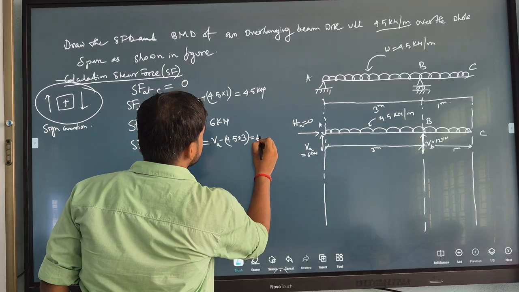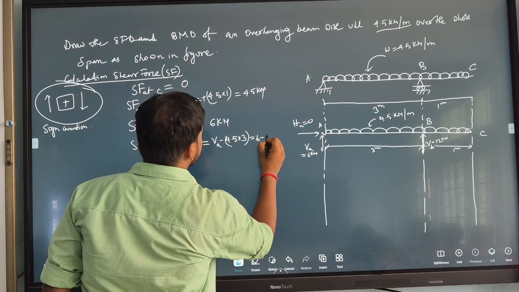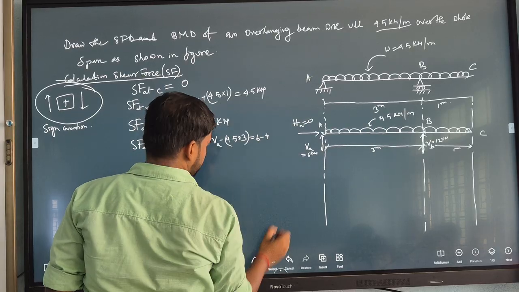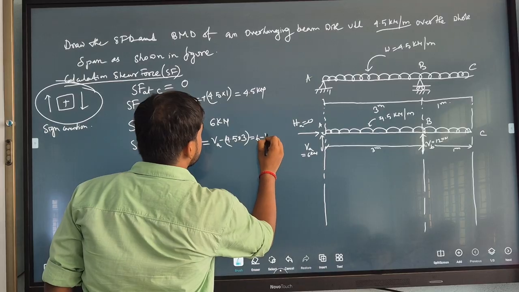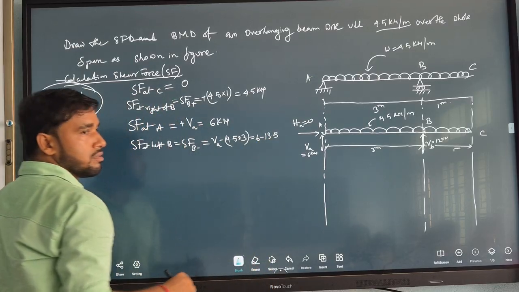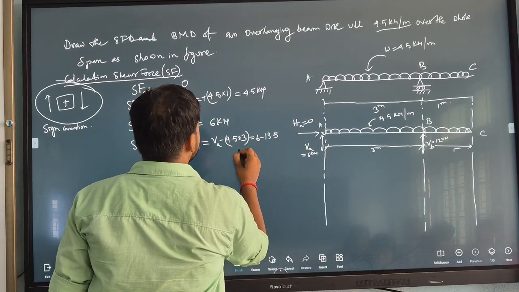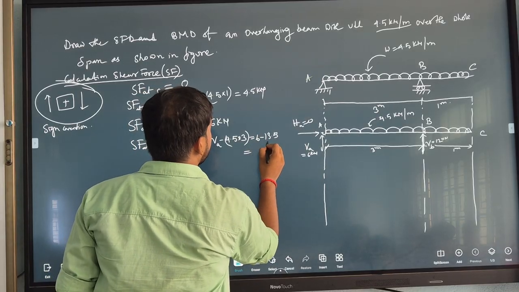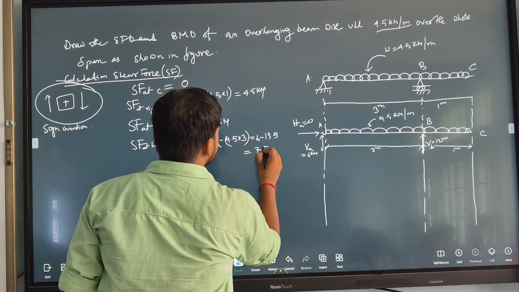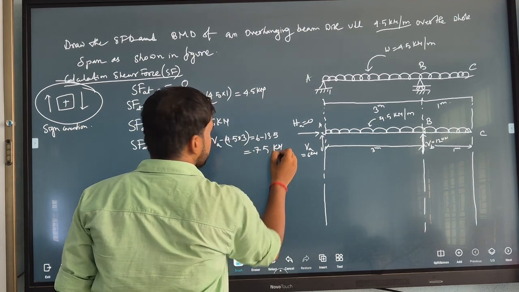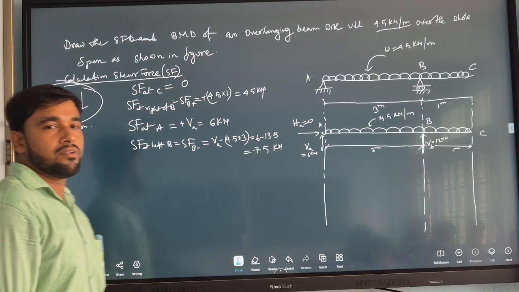So it becomes 6 minus 13.5, which is minus 7.5 kilonewton.